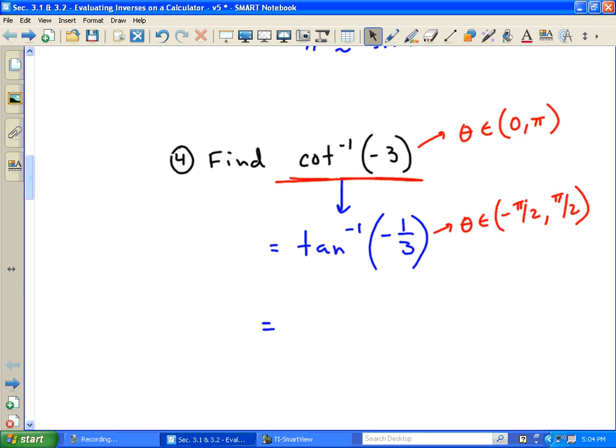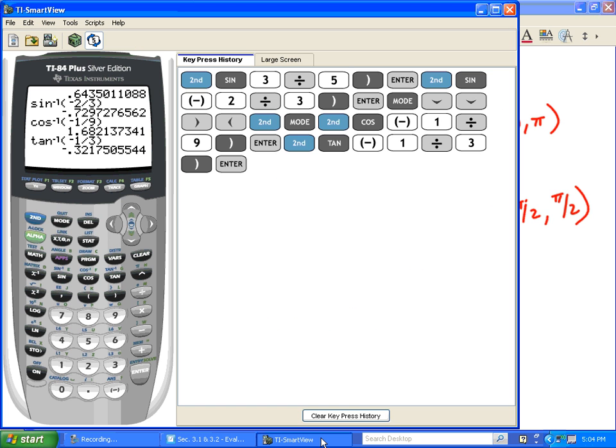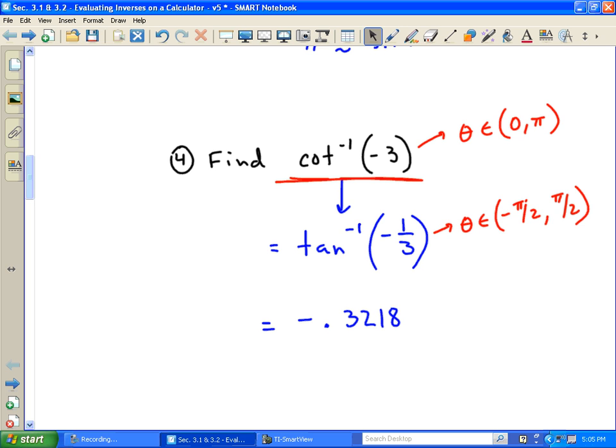So this particular value, I get -0.3218. Let me get a few more decimals in that. I'll tell you what, let me do a 7505 there at the end. Okay, there were more decimal places. I'd like to take it to a couple because I'm going to need to do something else with this number.